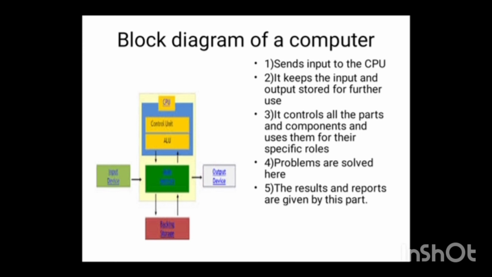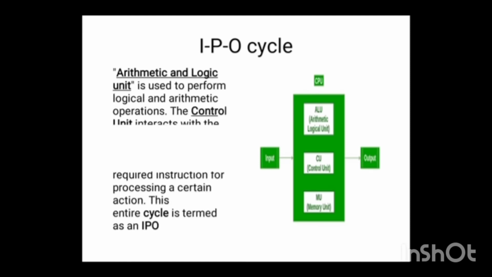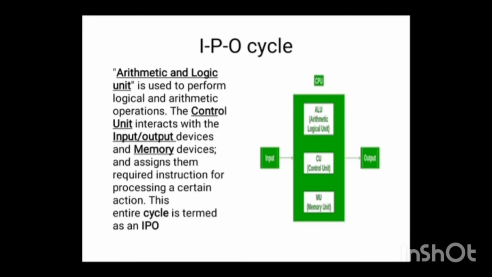Sends input to the CPU. It keeps the input and output stored for the further use. It controls all the parts and components and uses them for their specific roles. Problems are solved here in the arithmetic logic unit, and the results and reports are given by the part that is output unit. Okay. What do you mean by IPO cycle?